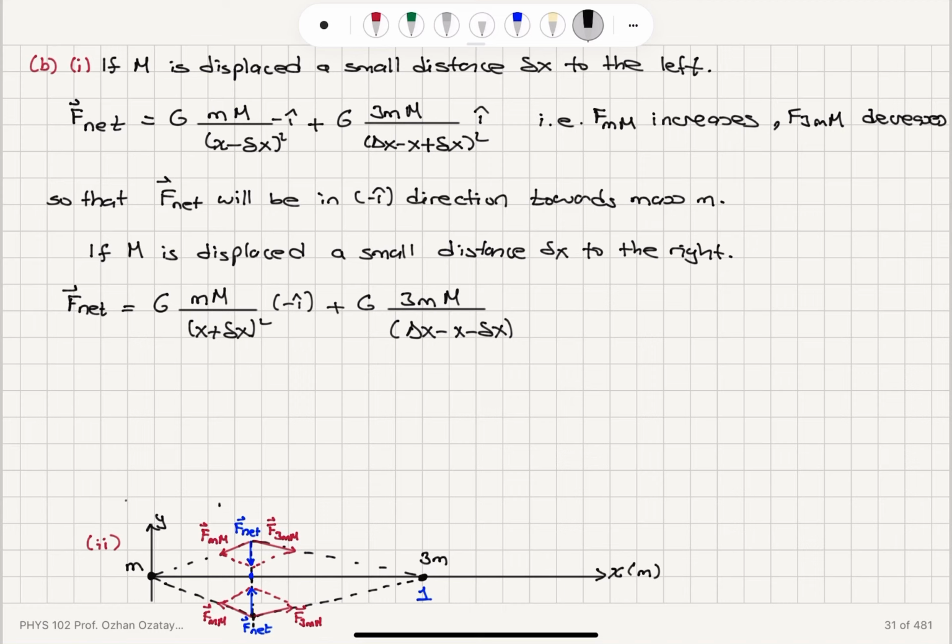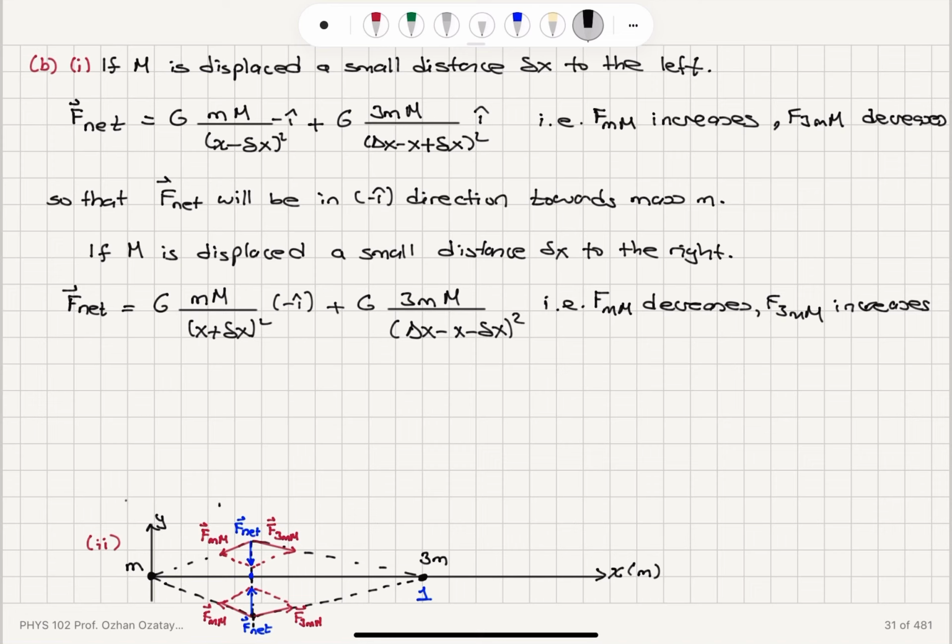So what do I see? In this case, the force between m and capital M decreases because the denominator has increased, but the force between 3m and capital M increases because the denominator has decreased.